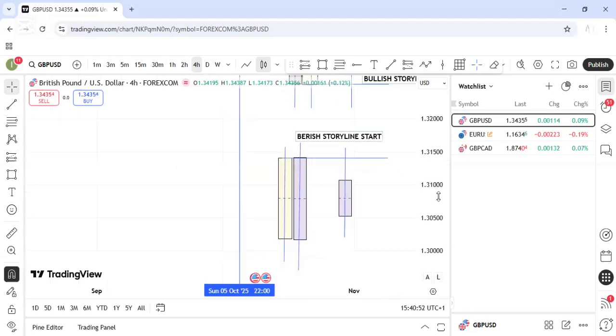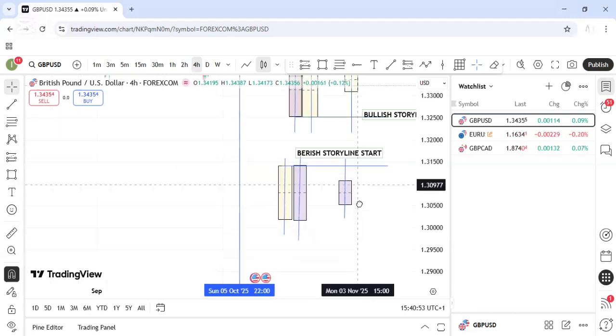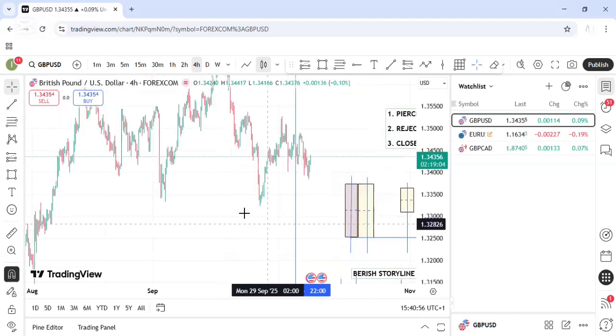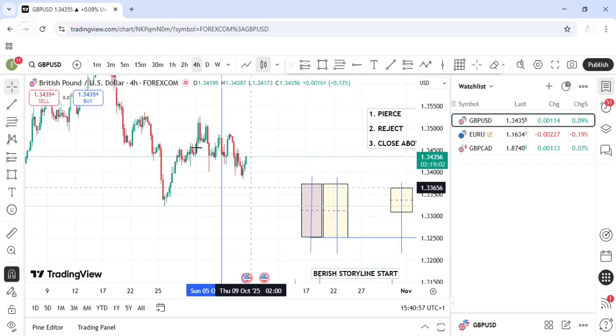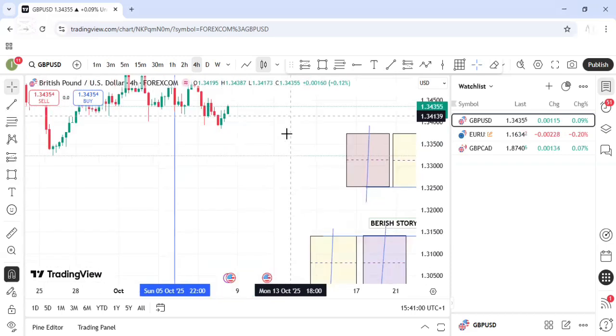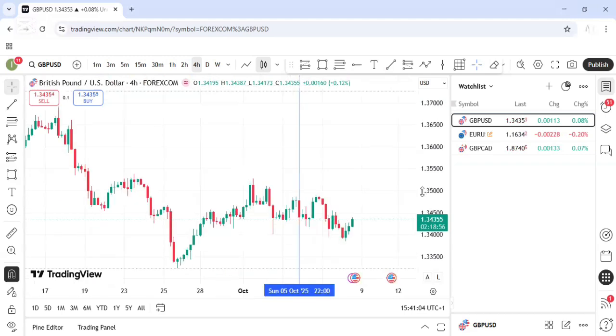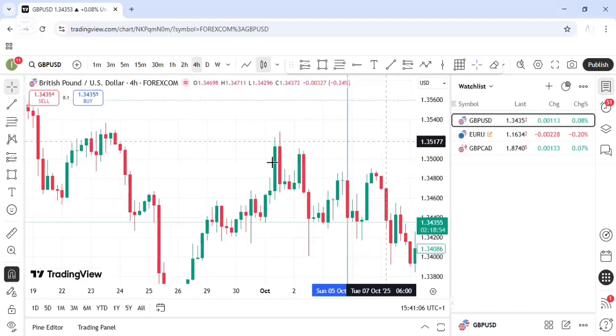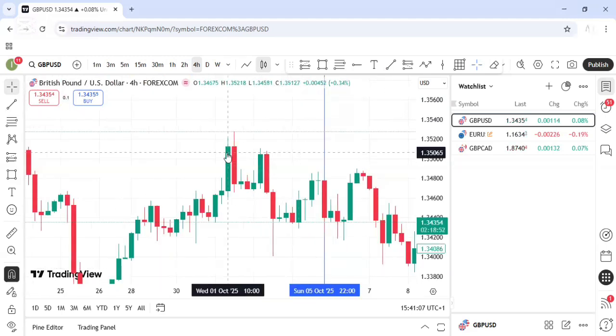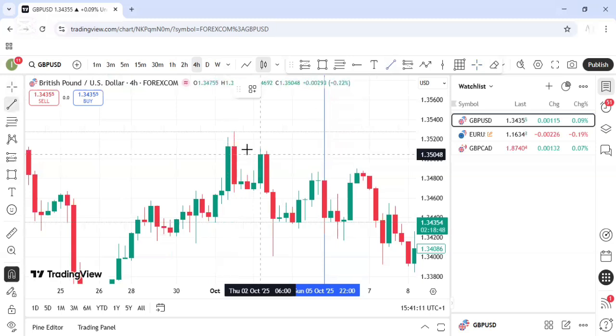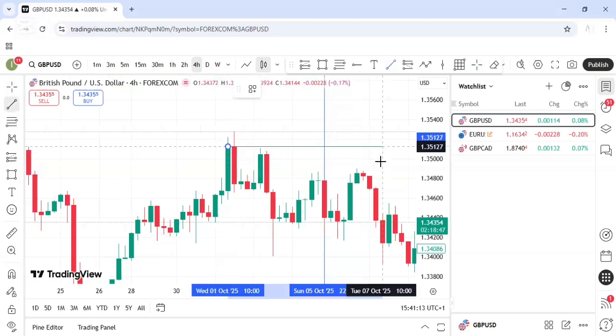Now, before I end this video, I want to show you why, for the bullish and the bearish storyline, we actually use the closing prices. Let's say, for example, this chart right here, we have a bullish candle and a bearish candle side by side, and we basically put our line and draw it out in time.